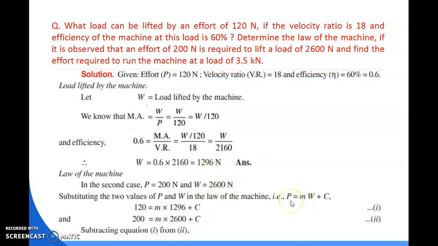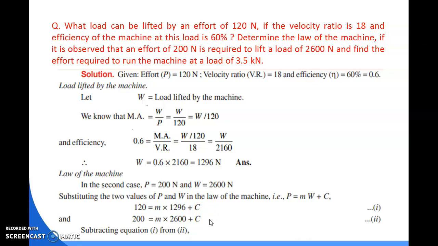As per the law of a machine, we know that P is equal to mW plus C. So for the first case, the law of a machine is 120 equal to 1296 m plus C, and for the second case, 200 is equal to m into 2600 plus C. We will mark this as equation 1 and this as equation 2.